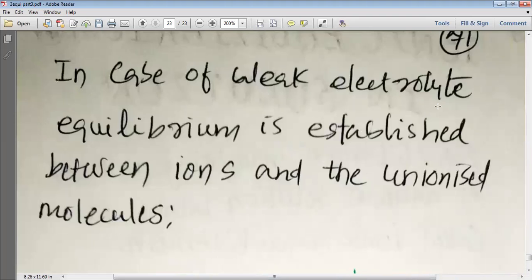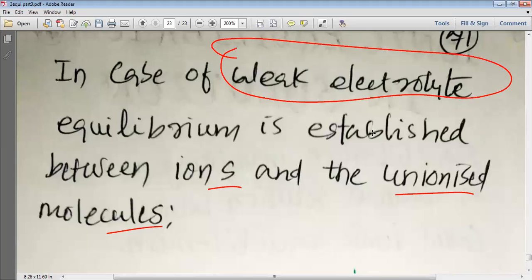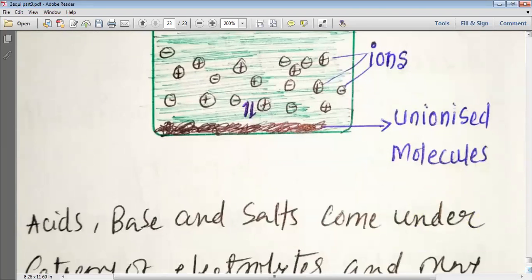In case of a weak electrolyte, equilibrium is established between ions and the unionized molecules. Please remember that when I am talking about a weak electrolyte, there will be an equilibrium between the ions present in the solution and the unionized molecules.